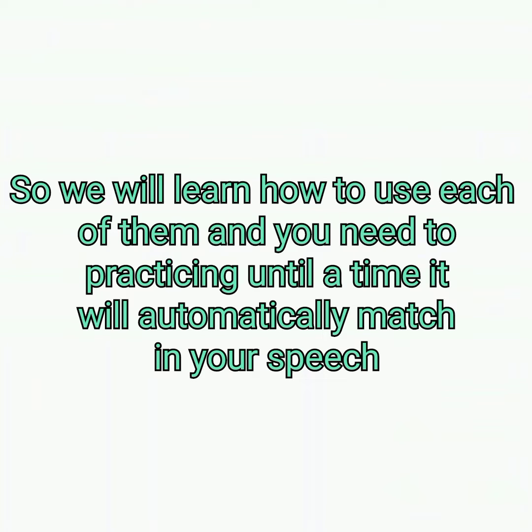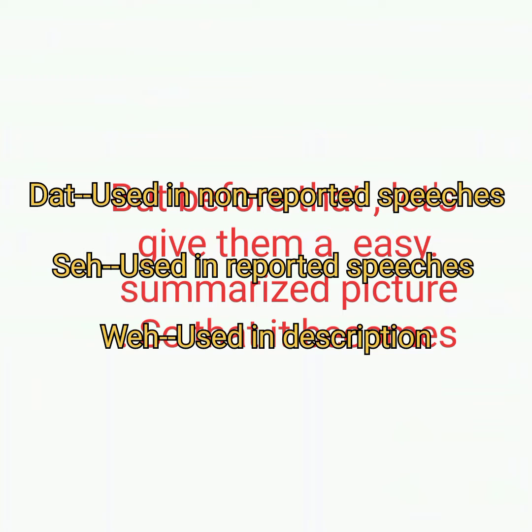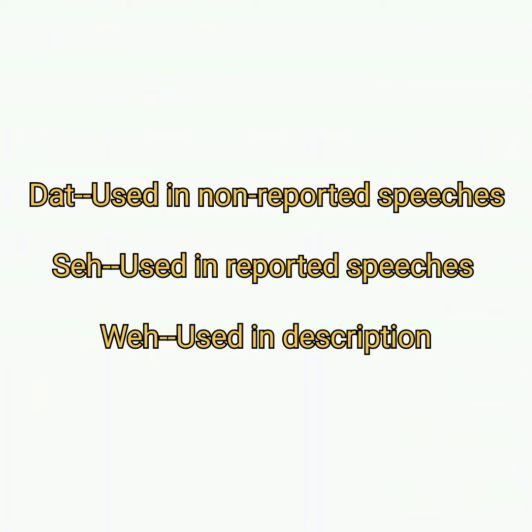So let's move on. We'll learn how to use each of them, and you need to keep on practicing until it automatically matches in your speech, so that you always use the right equivalent in the right places. Before that, let's give a summarized picture so that it becomes easy for us to discuss.